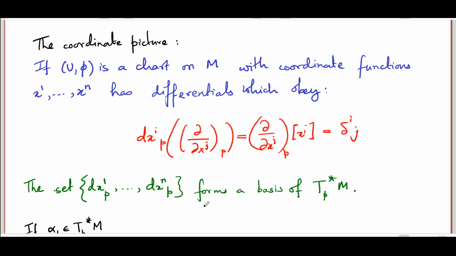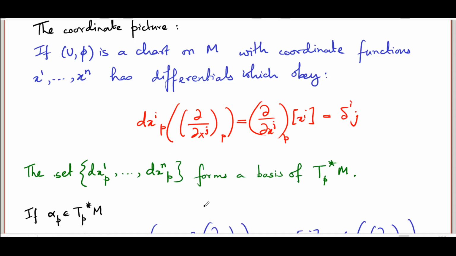There are many other possible choices. However, this particular choice sits in very nicely with the coordinate system. Just take the coordinate functions and their differentials at a point P taken together, and they are going to form a basis.